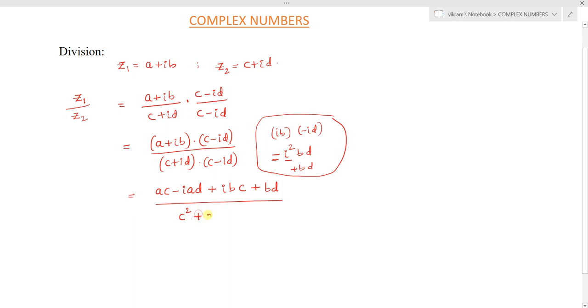plus d square. In the numerator, separate the real and imaginary parts. The real part is ac plus bd, and the imaginary part is bc minus ad, all over c square plus d square.